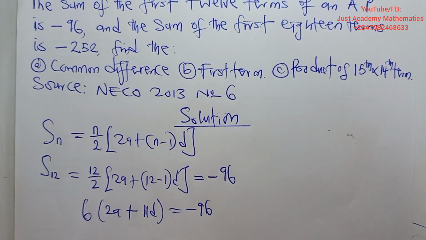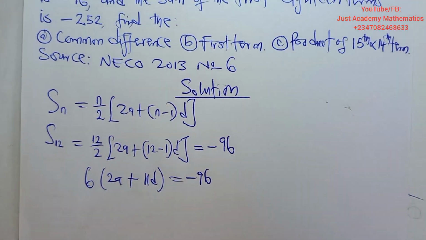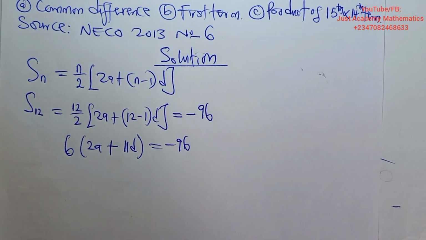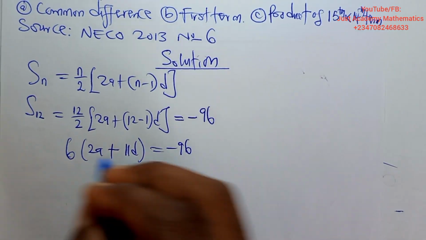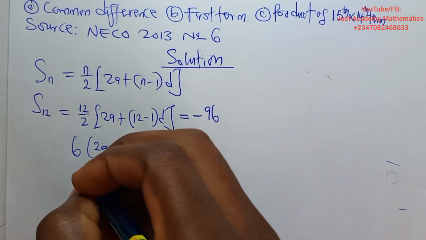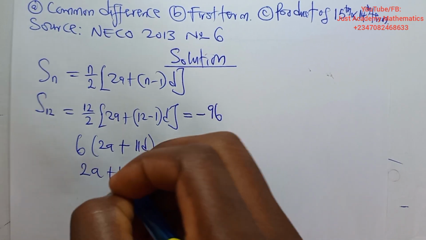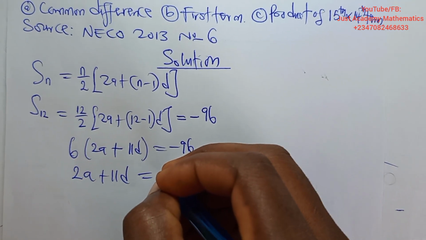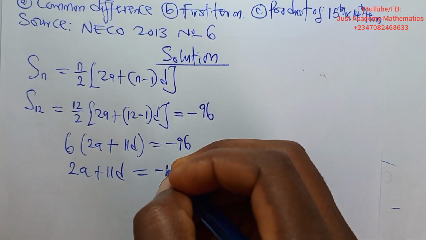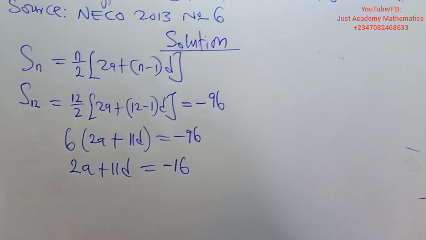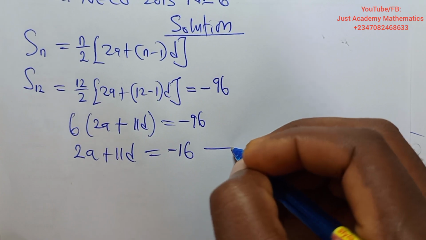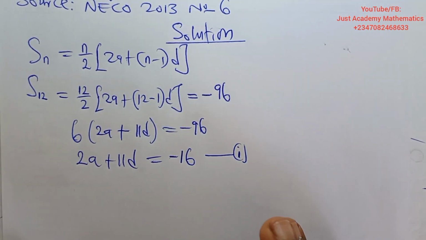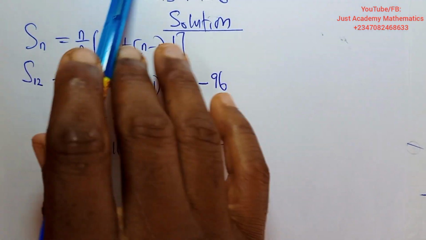We can divide both sides by 6. Then 2a plus 11d equals, minus 96 divided by 6 gives us minus 16. We call this equation 1.